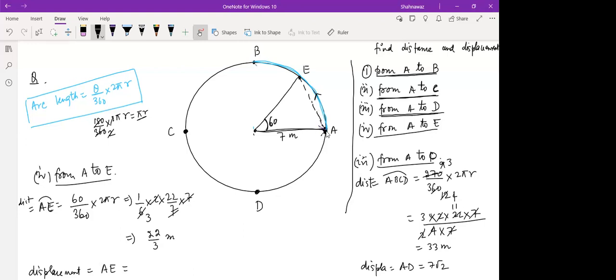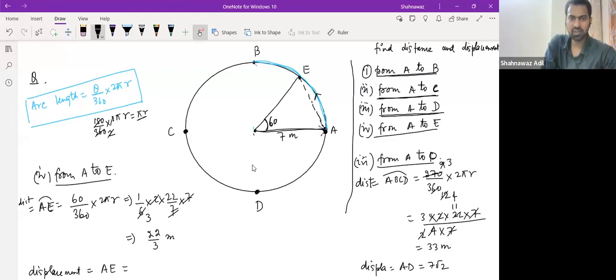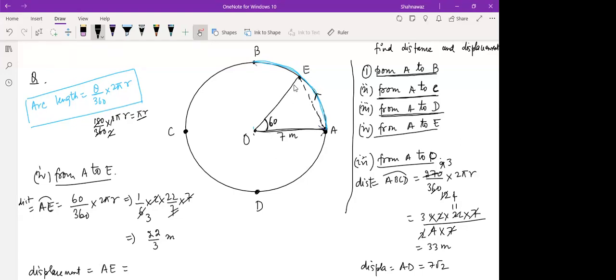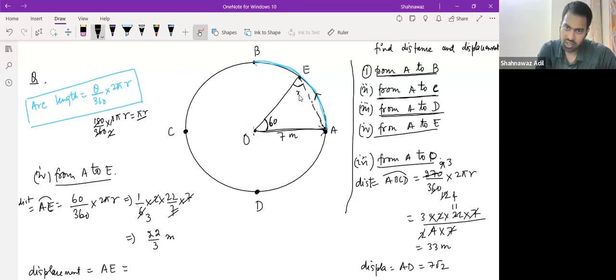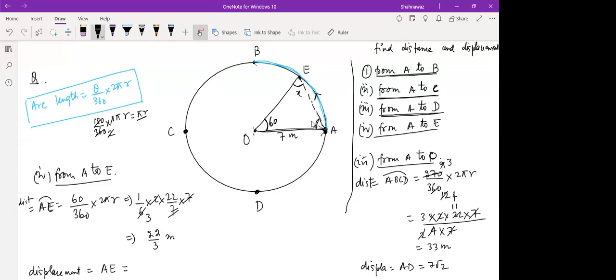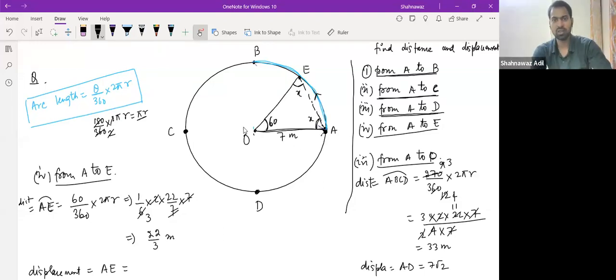First, let us figure out what this triangle AOE is. This is 60 degrees. Let's say this is X. This is X, X, X, right? Yes, sir, because this is equal to this. This is 7, and the opposite to this is this.